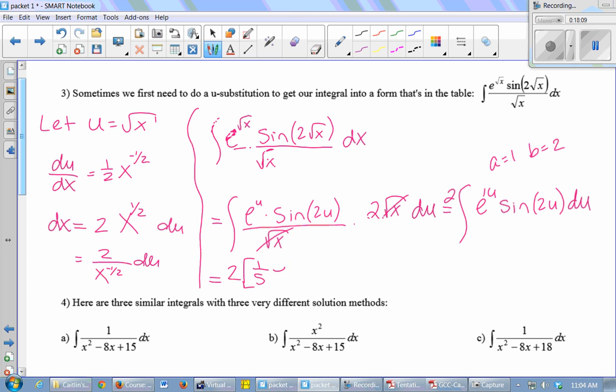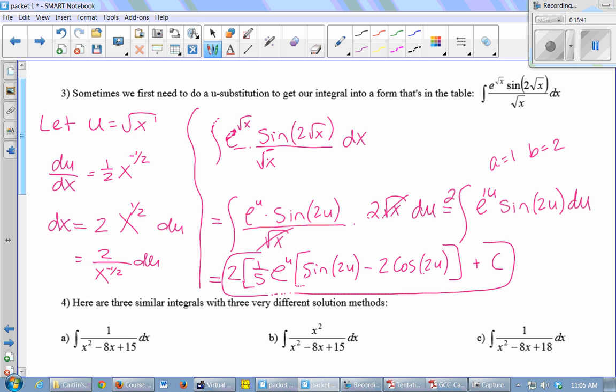One-fifth e to the au, or just u, because my variable is u now, times sine bu minus b cosine bu, so sine 2u minus 2 cosine 2u, plus c. I am not done.